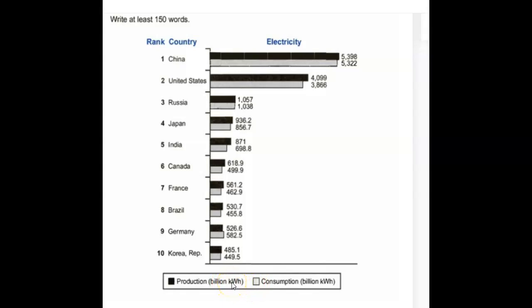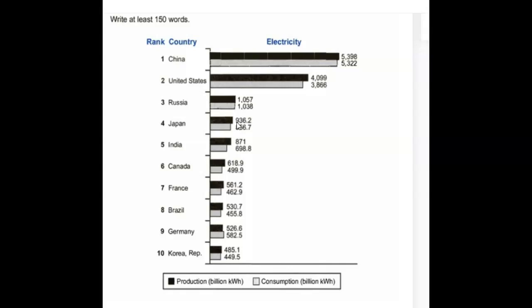You don't need to know it. Just refer to it. So you would say that Russia is the third and last country with production and consumption above 1,000 billion kWh. Then you could say that it was just over 1,000 for both figures, or for both categories. And this is probably turning out to be a longer answer than anybody anticipated.